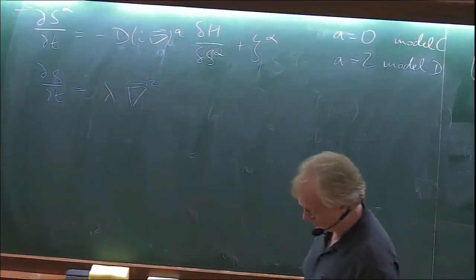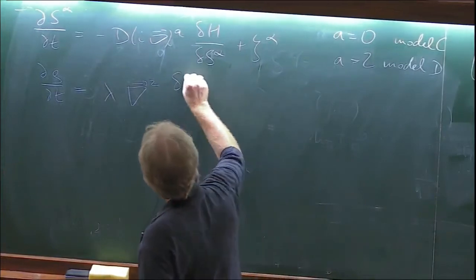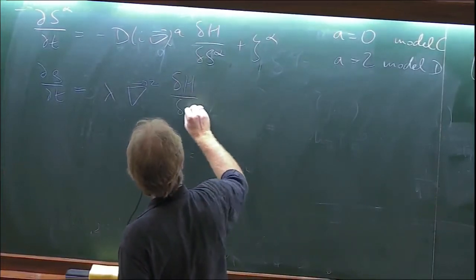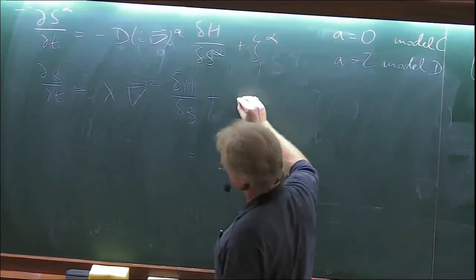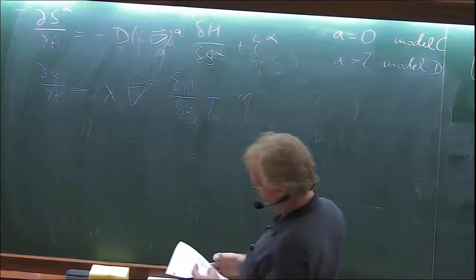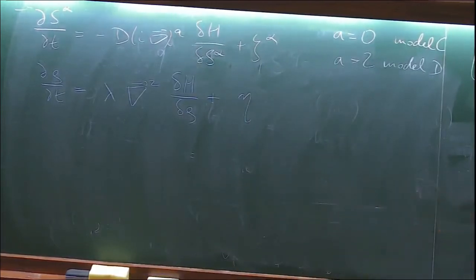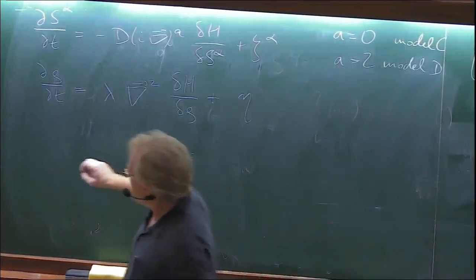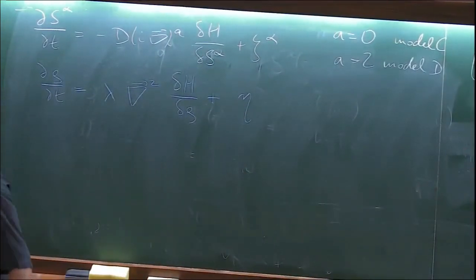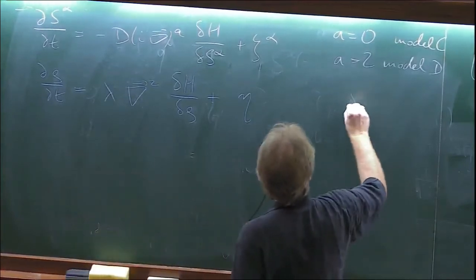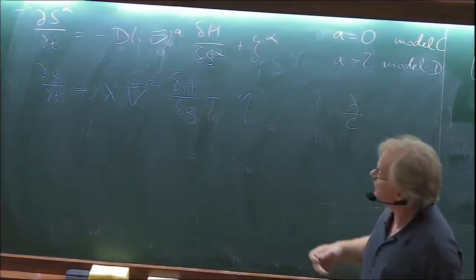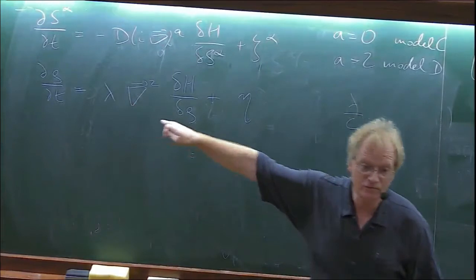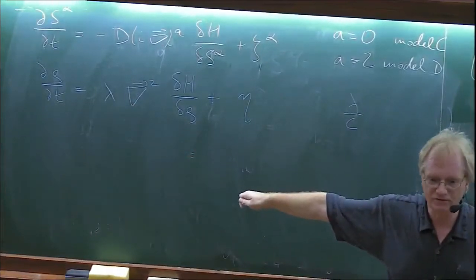I need to have diffusive relaxation, and I need to have dh by d rho, plus some noise eta, which is conserved noise. Now this relaxation constant, if you think about it, dh by d rho is going to give me a 1 over c, and so lambda over c is like the diffusion constant for this conserved field rho.